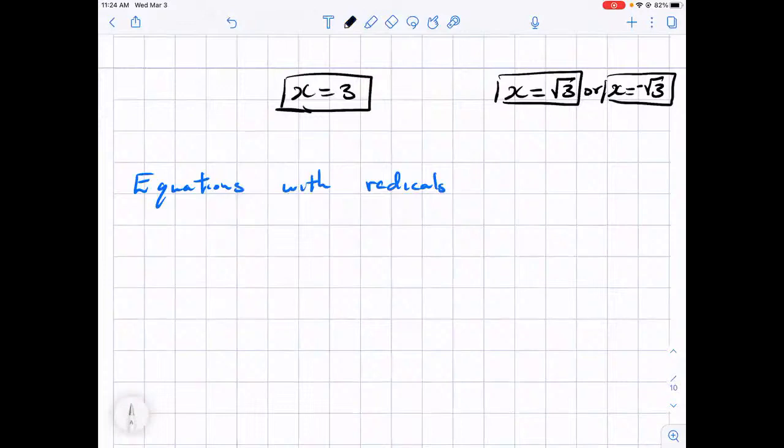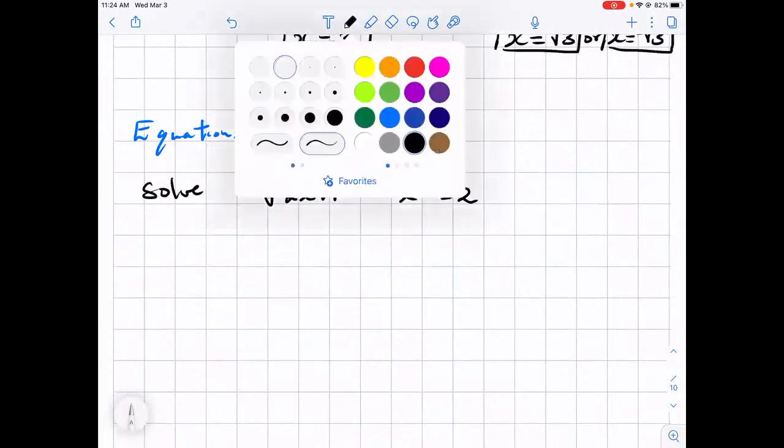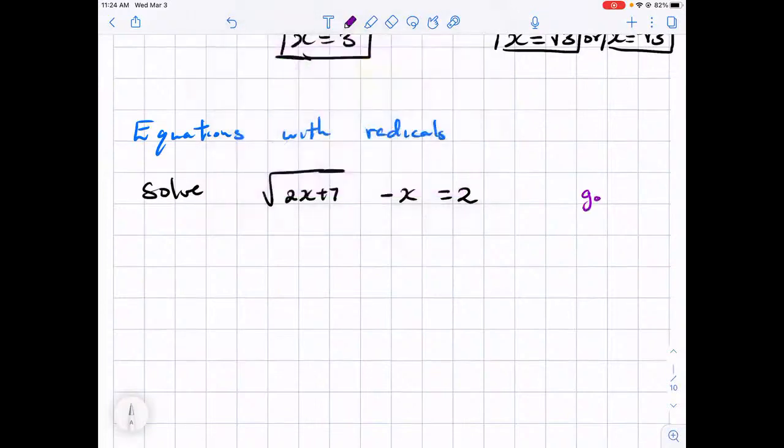For example, how about if I ask you to solve the square root of 2x plus 7, minus x, is equal to 2. Remember, your goal in solving radicals and absolutes, or the first goal, I should say, is to leave the root by itself.